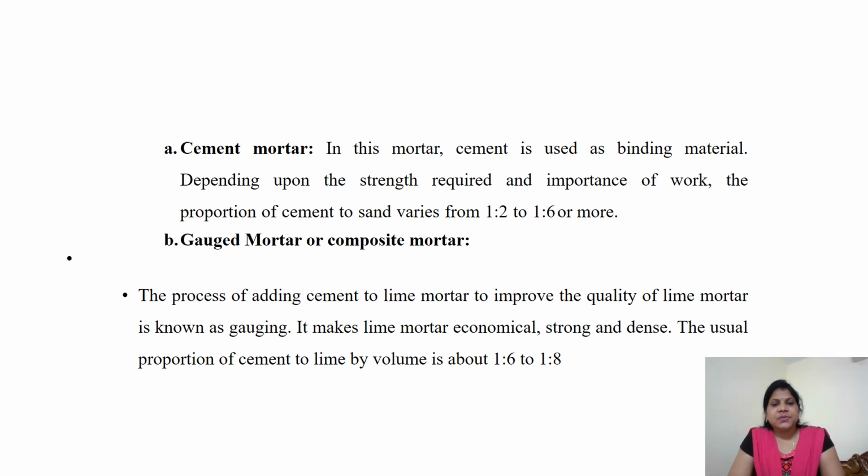By the addition of cement in lime mortar, the lime mortar becomes more economical, strong and dense, and the usual proportion of cement to lime by volume is about 1:6 to 1:8. Here for gauged mortar and composite mortar, the ratio is 1:6 to 1:8.